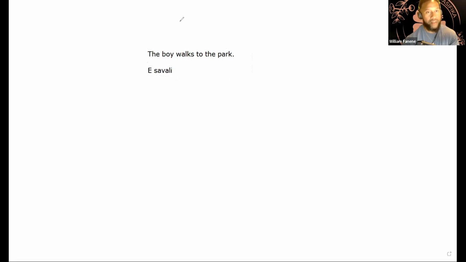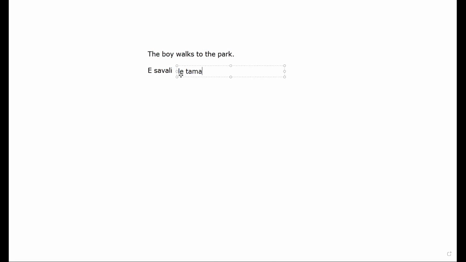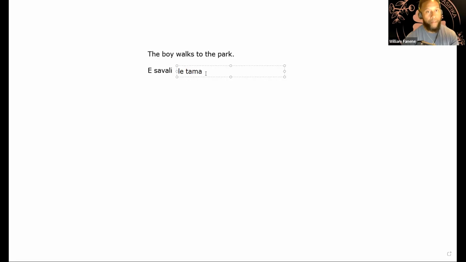E savali. Okay, and then who's doing the walking? Or who's doing the action? Le tama, yep. And then now what's the other subject?